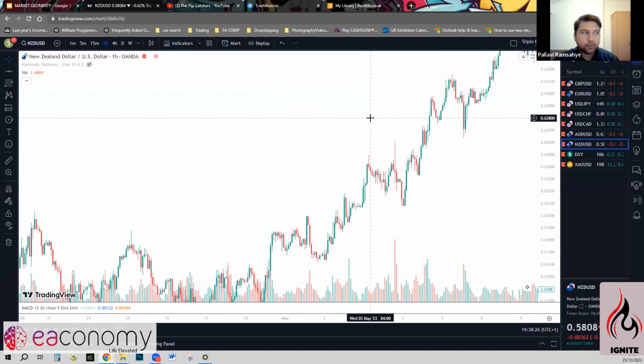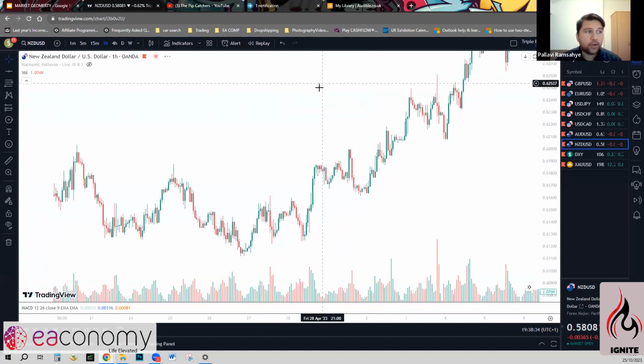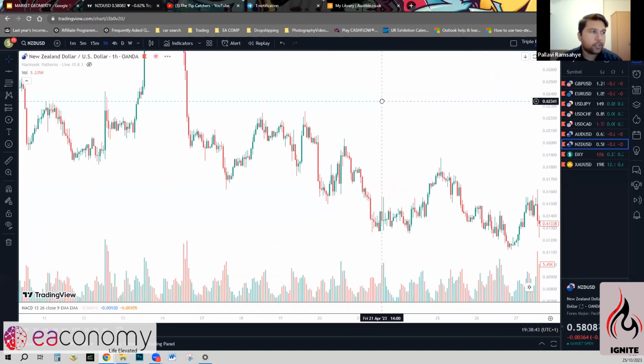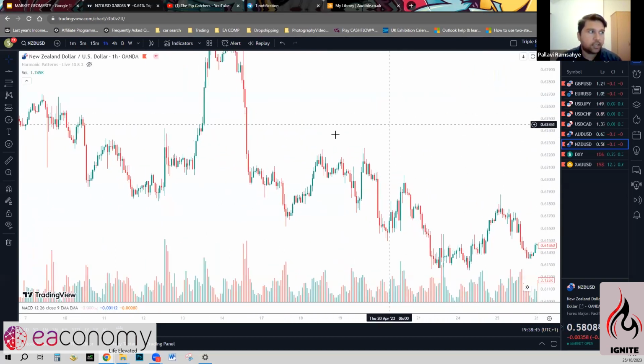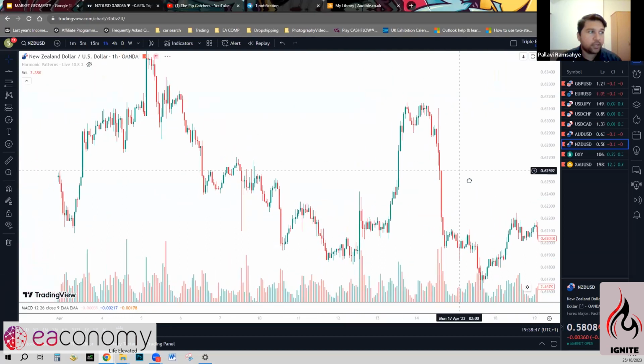You just want to stick to the validation points: the two touch points, the volume spikes, etc., and the decrease in the volume. You don't want to justify why it's a symmetrical pattern in your head, because then you'll just be giving yourself a false expectation that it is the pattern you're looking for. You just want to go off the facts that the price action is giving you.